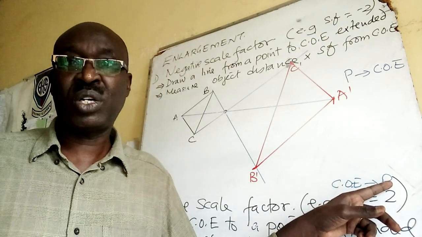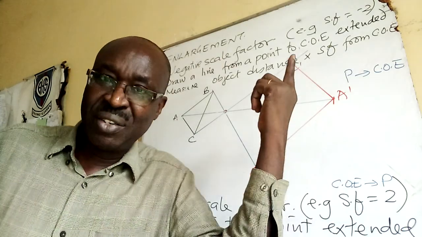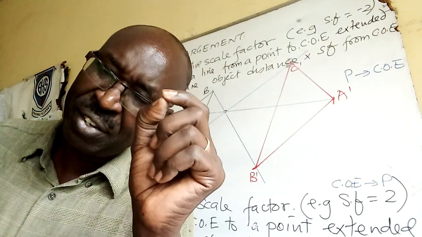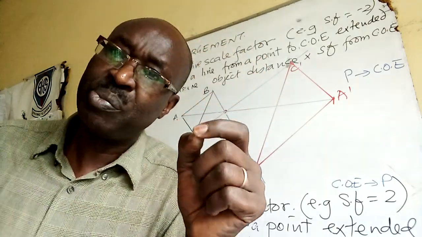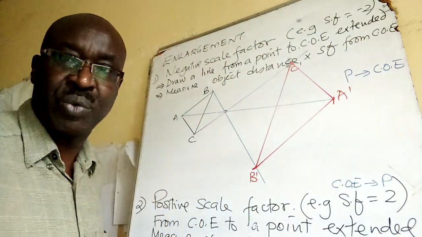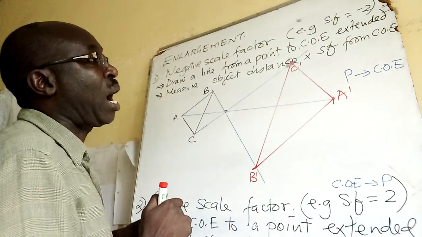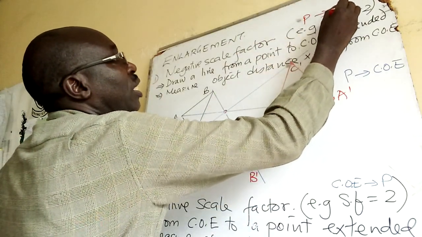Okay? That is what happens. So the negative scale factor, that negative is simply telling you the direction of displacement has changed, has been reversed. That's why we do now from a point. Remember, from a point to center of enlargement.